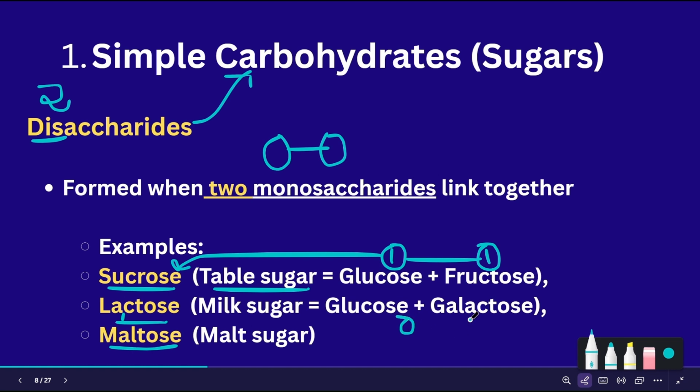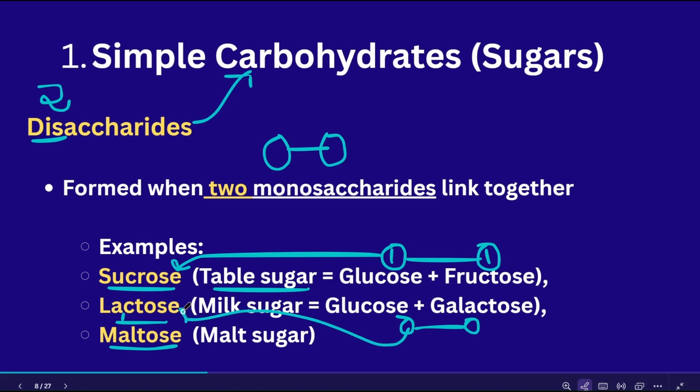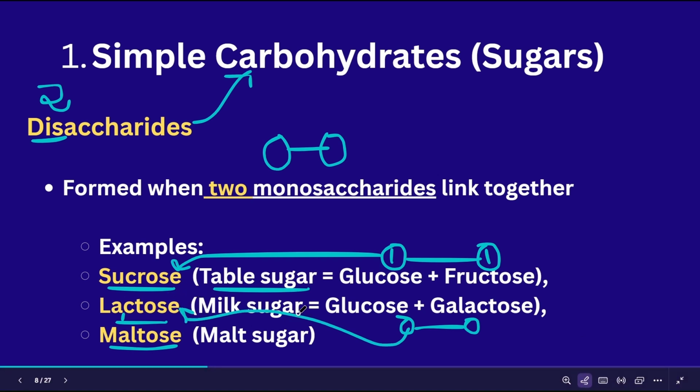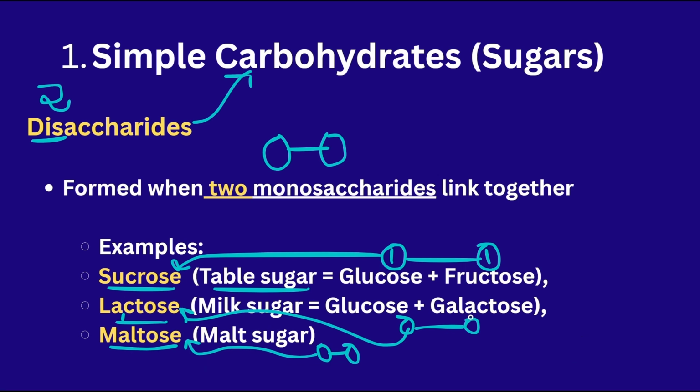One glucose and one galactose combine to form lactose, which is present in milk. One glucose and one glucose combine to form maltose. This is the malt sugar, which is present mostly in jaggery.